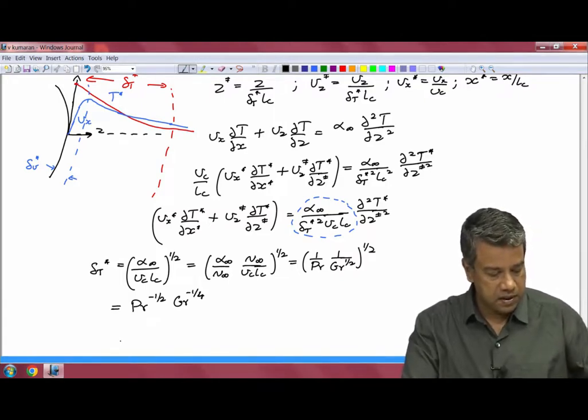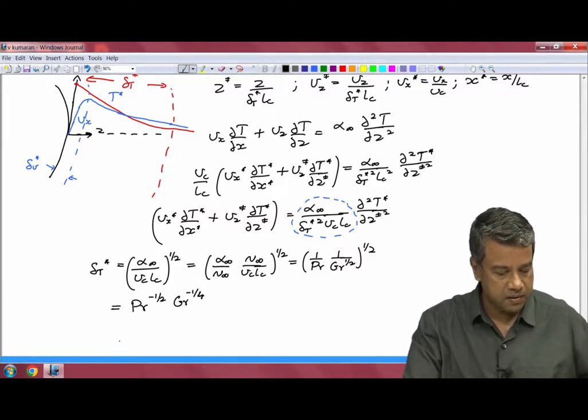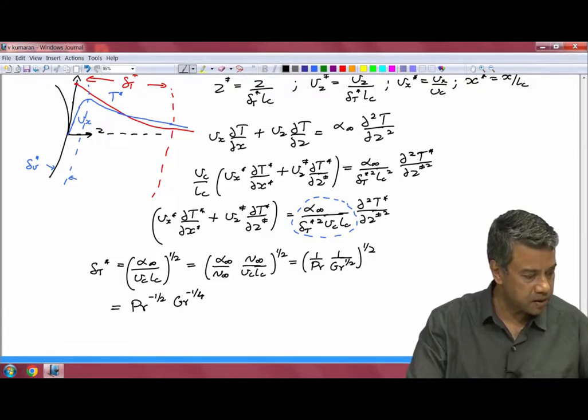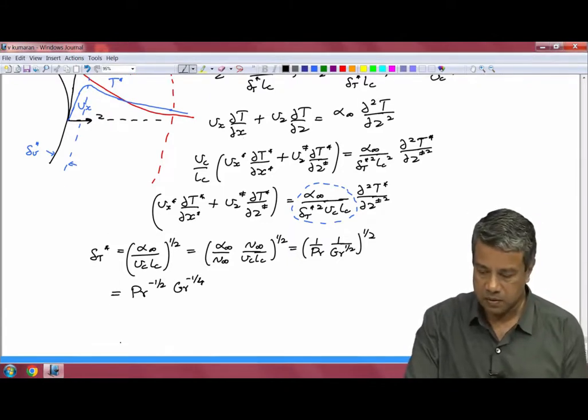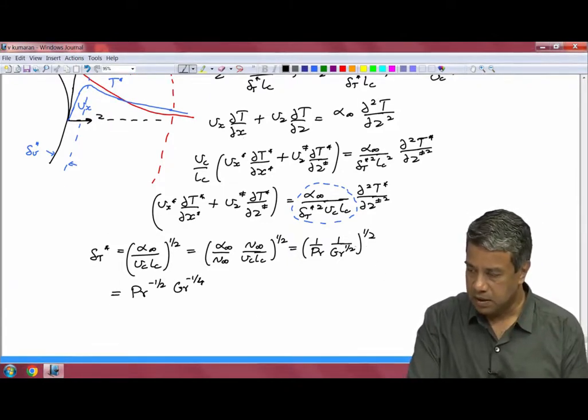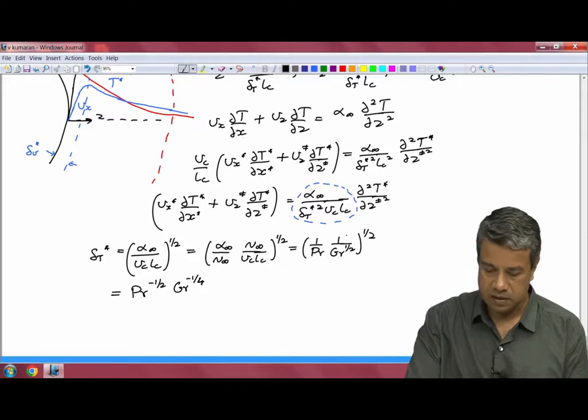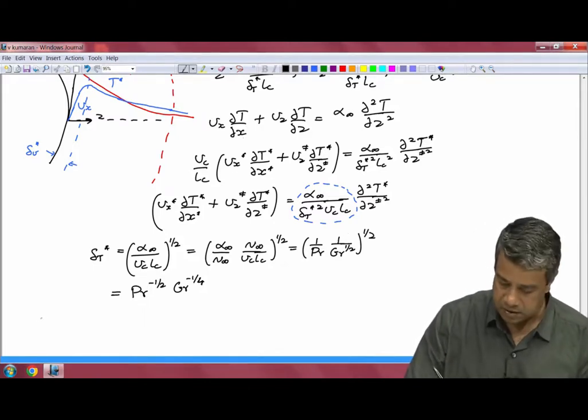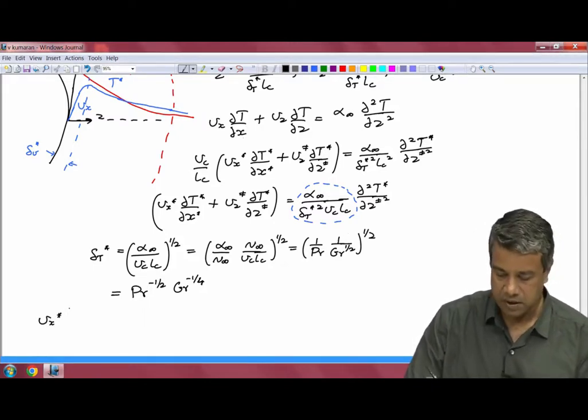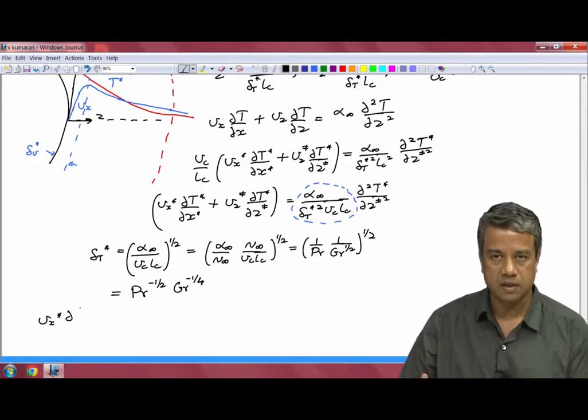Now, this scaling for the thermal boundary layer thickness I could substitute into the momentum equation. I will not go through the details here, but what you will get in the end is Vx, you can work it out for yourself using the same procedure that I have used over here.